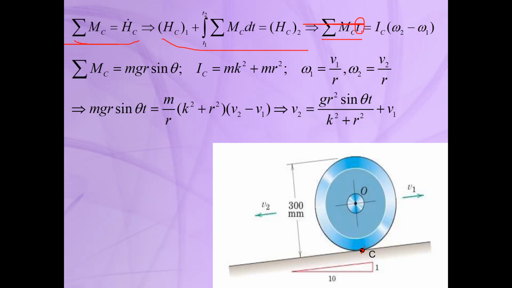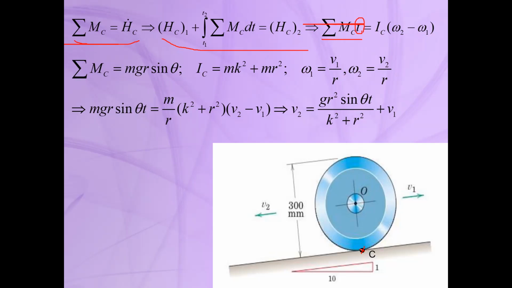Because HC1, or the initial angular momentum, is equal to IC times omega 1, and HC2, or the final angular momentum, is equal to IC times omega 2, which is the final velocity. So we can find this term, but we need to calculate the summation of the moment about point C.